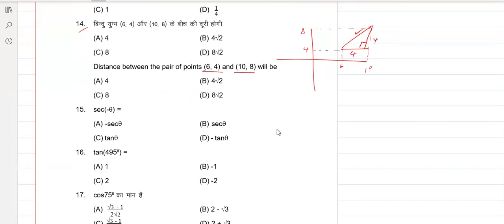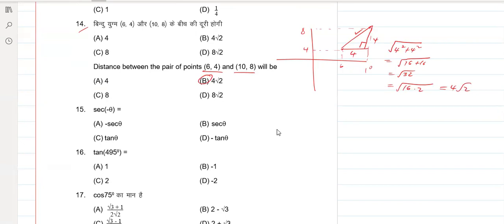So this hypotenuse will be square root of 4 squared plus 4 squared, which is the square root of 16 plus 16, which is the square root of 32. 32 can be written as square root of 16 times 2, and square root of 16 is 4, so 4 root 2 should be the answer, which is B.